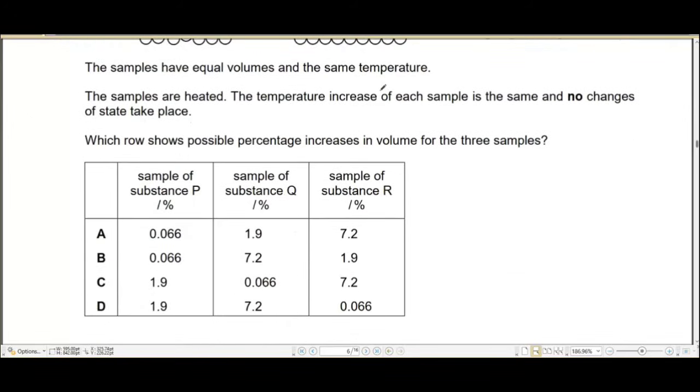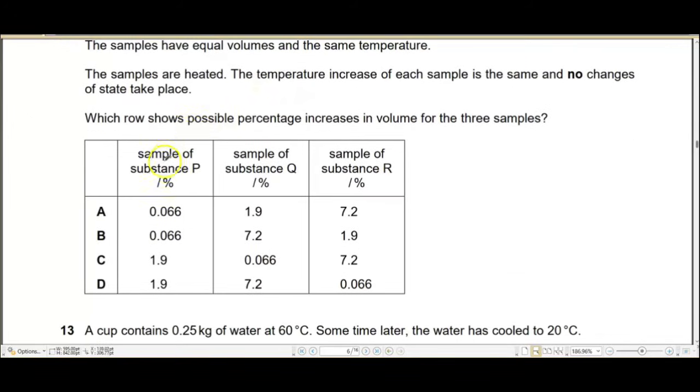Okay, so we would mark correct the one which shows the least amount of volume increase in the sample Q. So if we look at these, this is the least increase. 1.9, this is on the second number, and 7.2, this is the greatest.